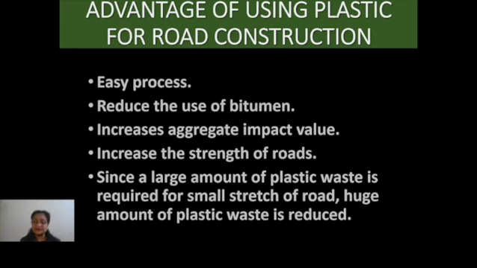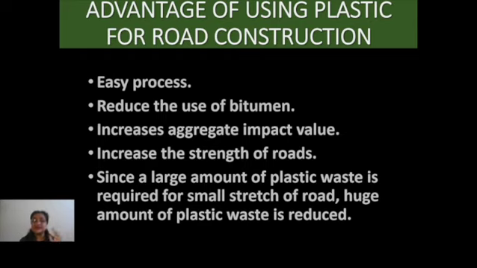What is the advantage when we use waste plastic for road construction? Number one, the most important thing is that it is a very easy process of construction of roads. Number two, it reduces the use of bitumen, which is generally used for construction of roads, because we are using another option instead of that.